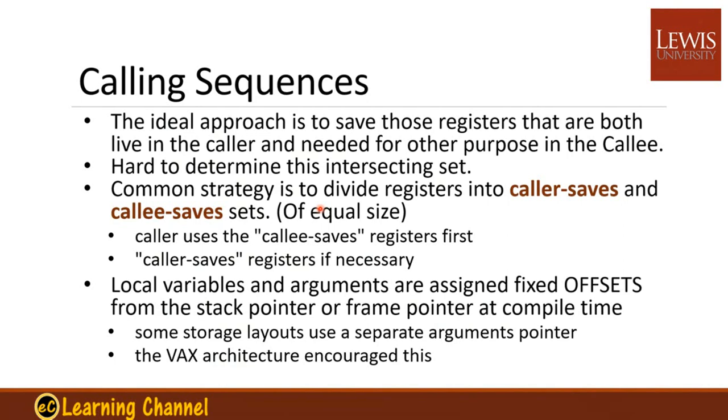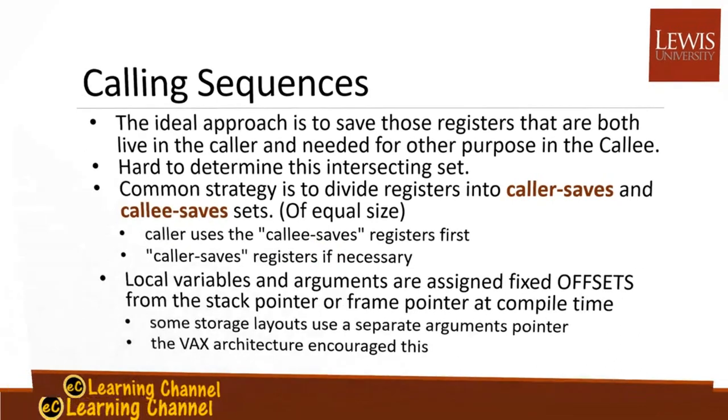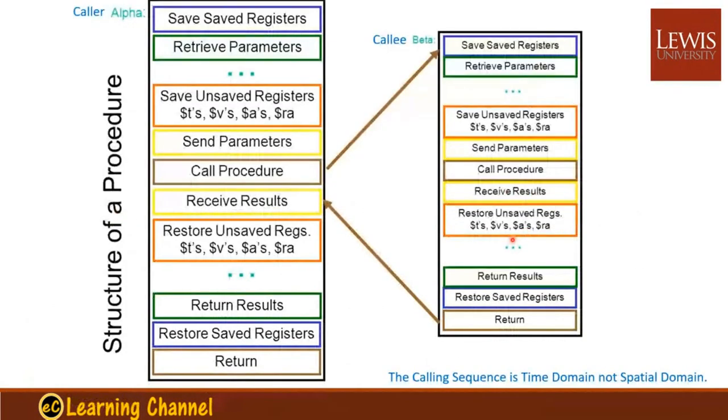The caller uses the callee-save registers first, and the caller-save registers later if necessary. So the caller would like to use the callee-save registers, obtaining registers that are operated on by the callee, and then you can utilize your environment results from there.